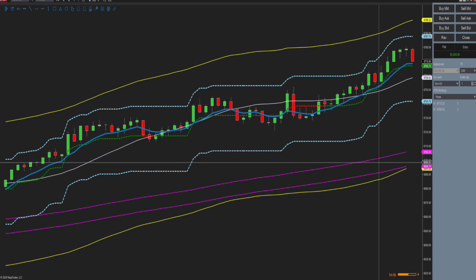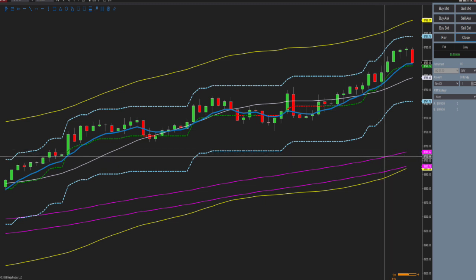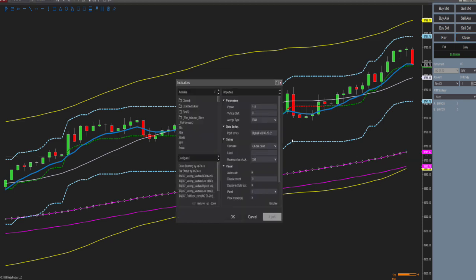If you mean this down here, this magenta, it's going to be average type EMA, 144, vertical shift 0.